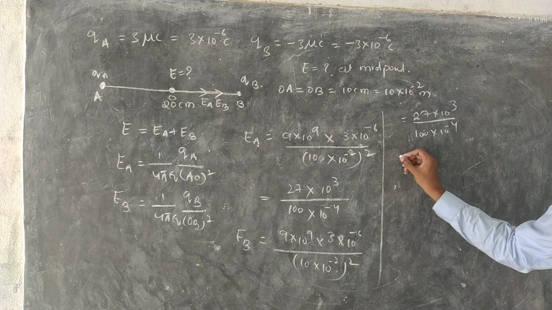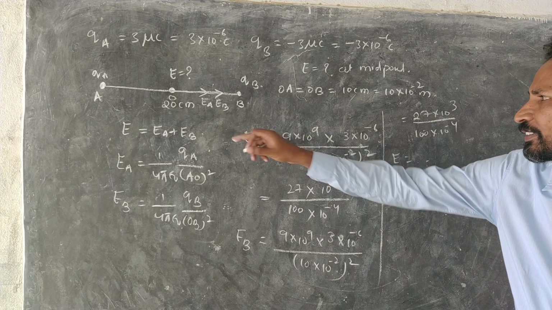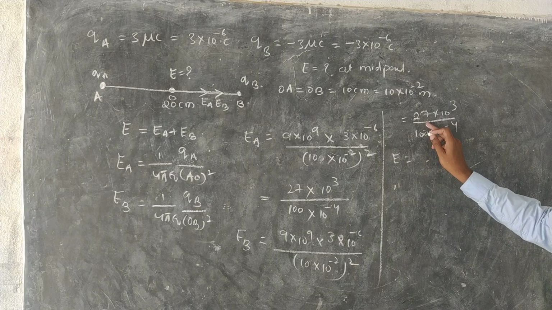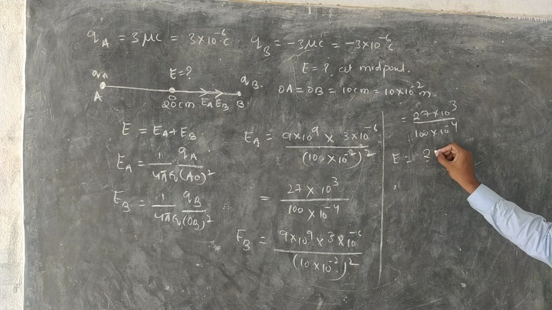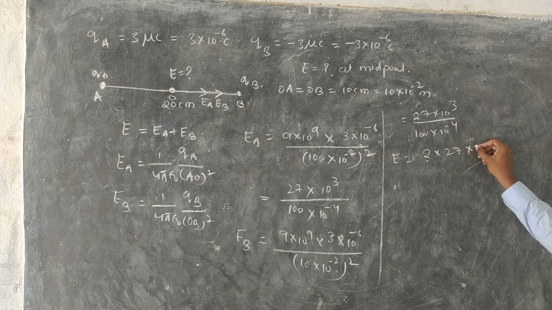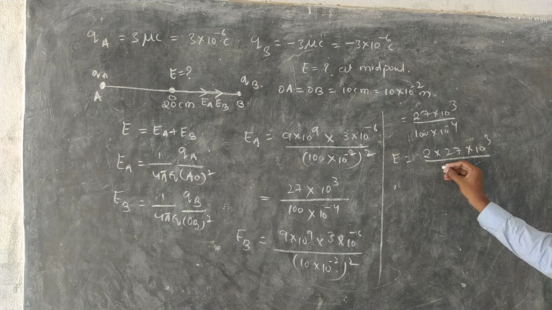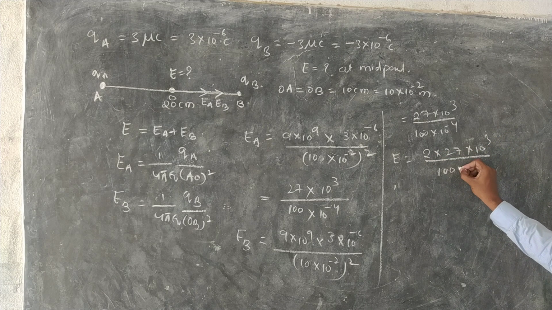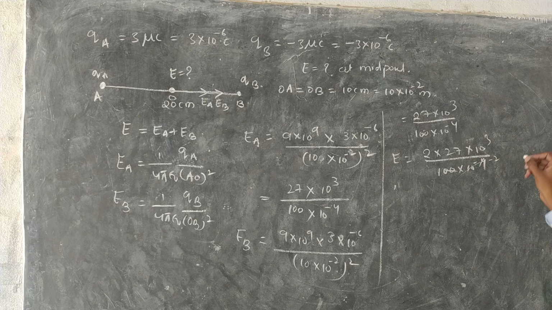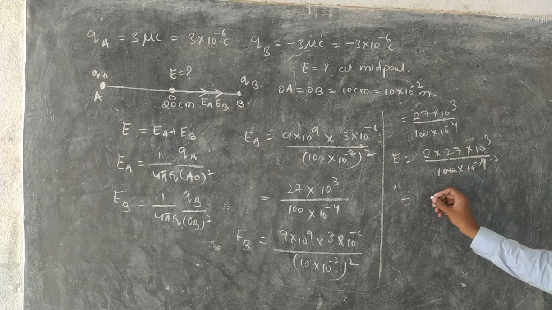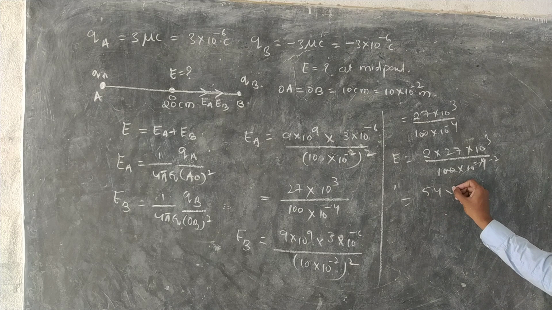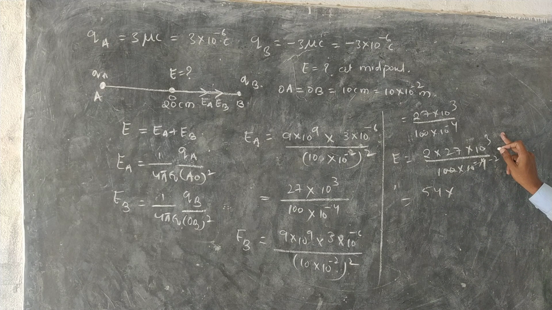These two are substituted in the net resultant EA plus EB. Both values are the same, so I can write 2 into 27 into 10 power 3 by 100 into 10 power minus 4. 100 has 2 zeros, so minus 2 will be there. 2 into 27 is 54.